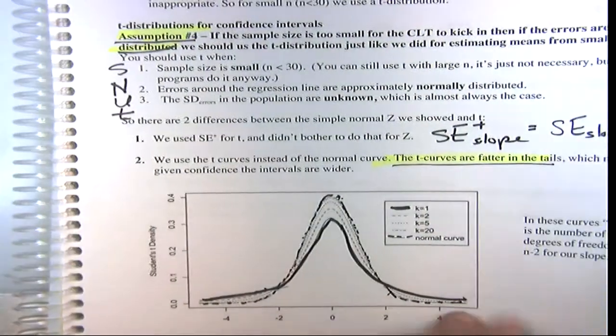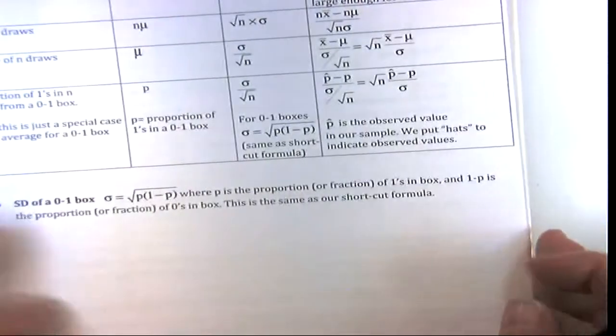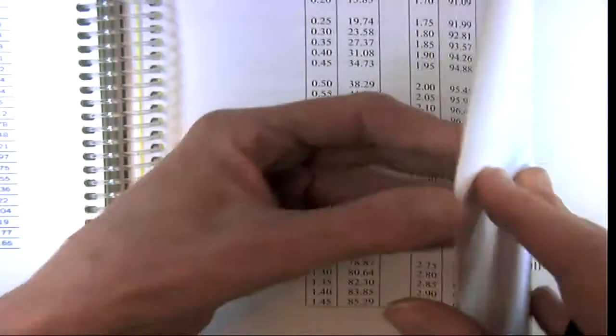Okay, so let's go to our t-table back here. Excuse me, I just gotta find the t-table in the back of the book. Okay, so here's our normal table, and here's the one that's in the back of the book, that's the t-table.